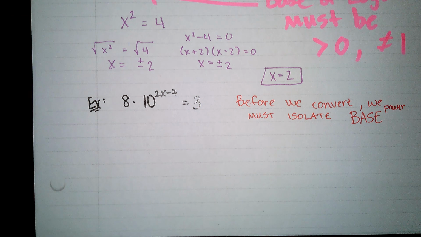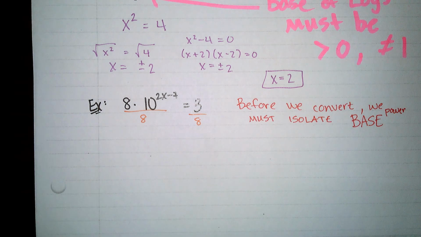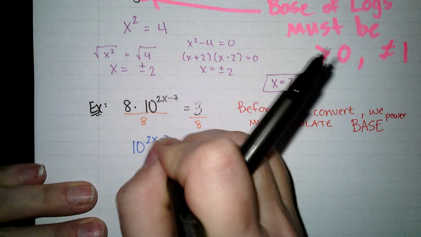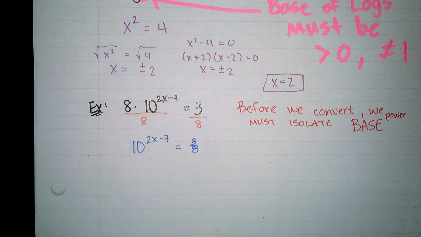So I can't have 8 times 10 to the 2x minus 7. So I'm going to have to start out by dividing both sides by 8, which will then leave my 10 to the 2x minus 7 equal to 3/8. Then I can convert. So now at this point I can convert to a logarithm.